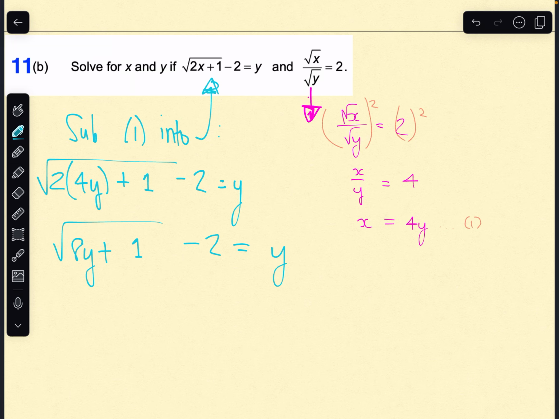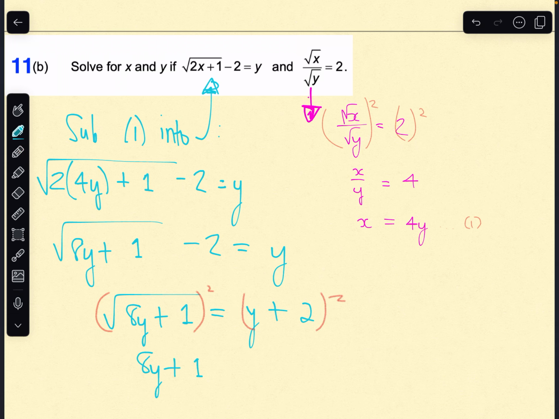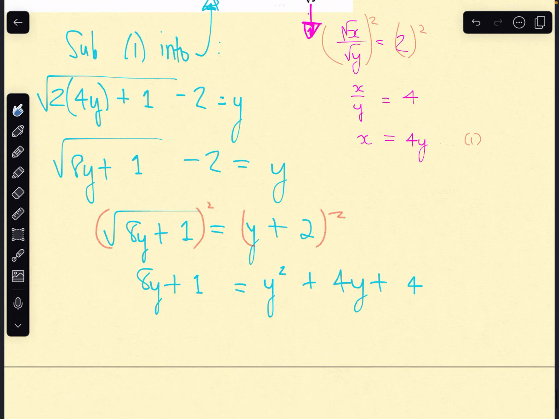With equations involving square roots, we want to isolate the square root so that we can square both sides. So this will be 8y plus 1 is equal to y squared plus 4y plus 4. Okay, so that becomes a quadratic.